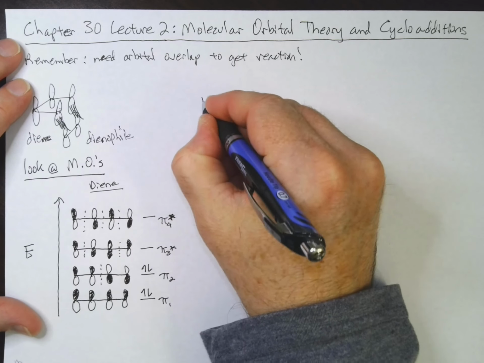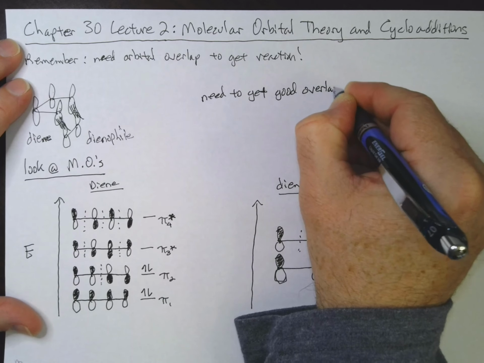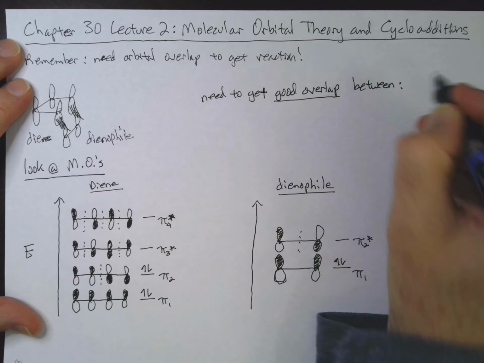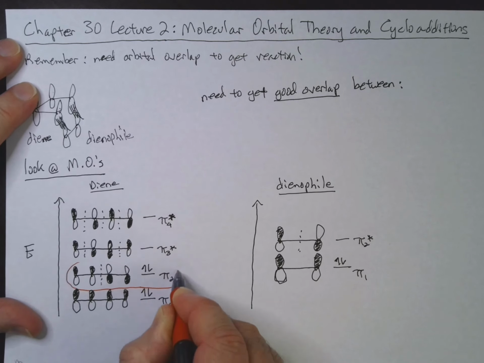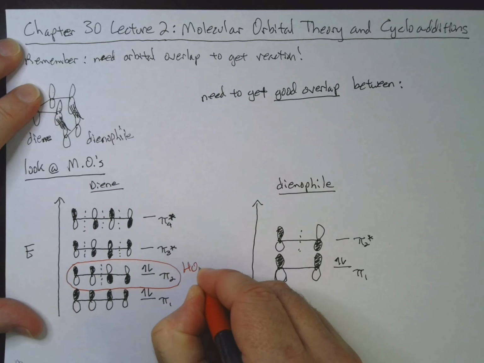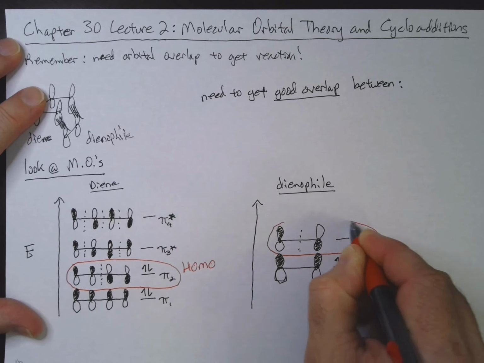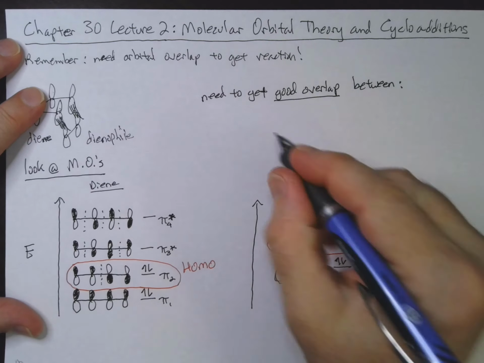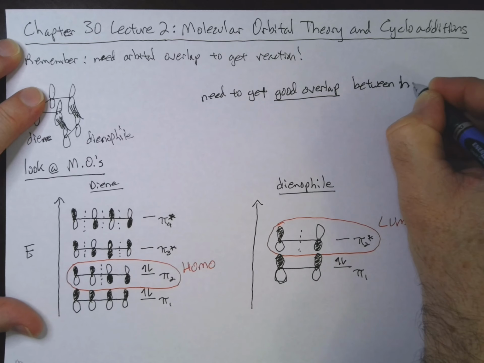And so we need to get good overlap, and it has to be between the highest occupied molecular orbital, or HOMO, of the diene and the lowest unoccupied molecular orbital, or LUMO, of the dienophile.